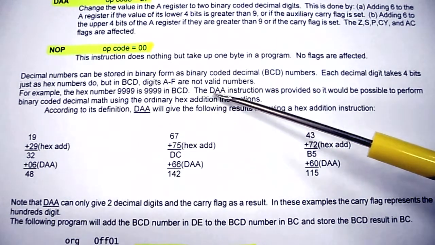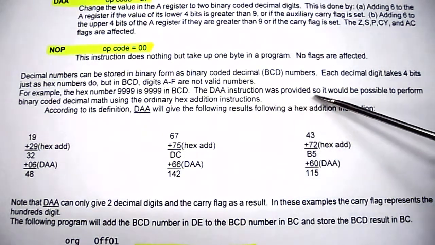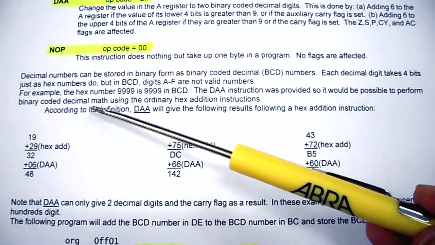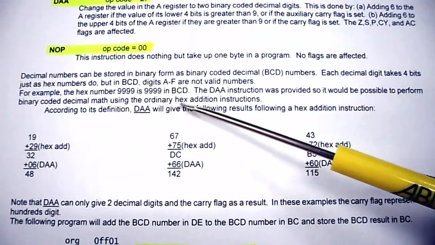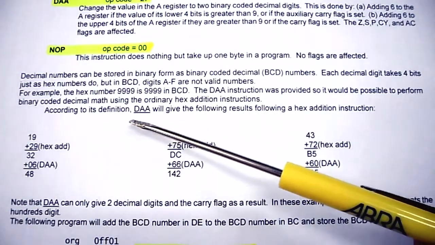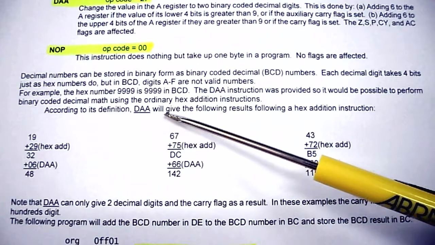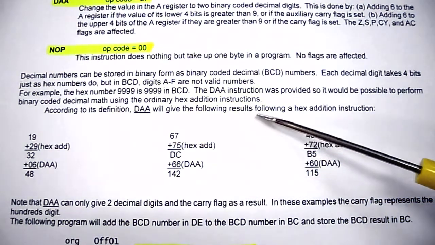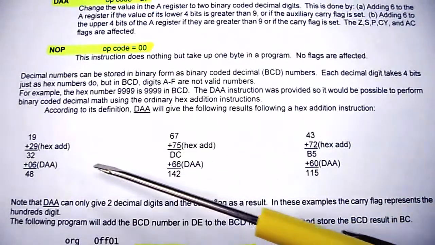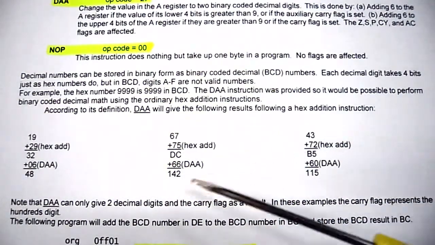It says the DAA instruction was provided so it would be possible to perform binary coded decimal math using the ordinary hex addition instructions. According to its definition, DAA will give the following results following a hex addition instruction. And they give you 3 examples here.